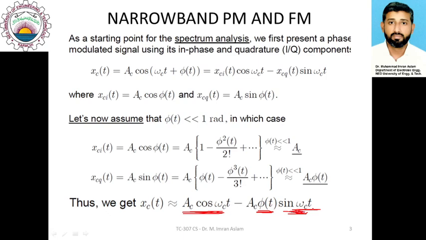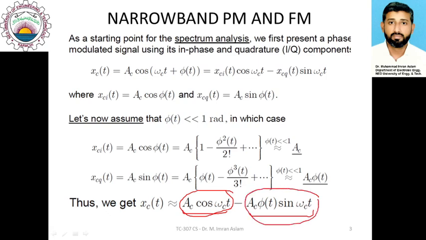If we try to plot the spectrum here, you can make an easy resemblance with the AM signal. If you recall, in the AM signal we had a carrier term and a product of the message signal and the carrier.